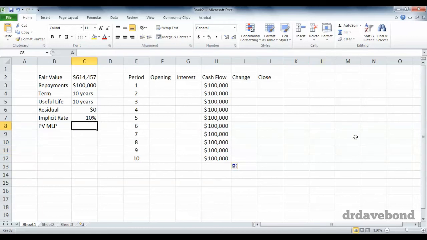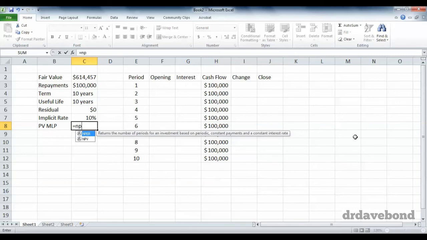Now the opening balance for the lease liability, and in this case it's going to be the lease asset as well, because there are no additional costs getting involved, is the lower of the fair value and the present value of minimum lease payments. So we need to calculate the present value of minimum lease payments. And in this case, it's a net present value formula.